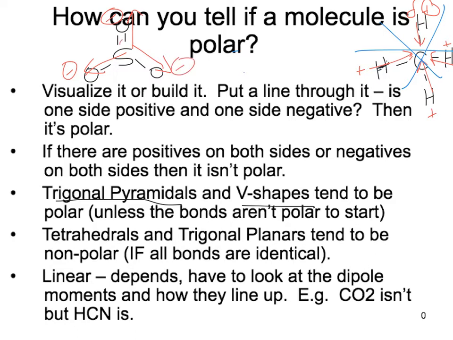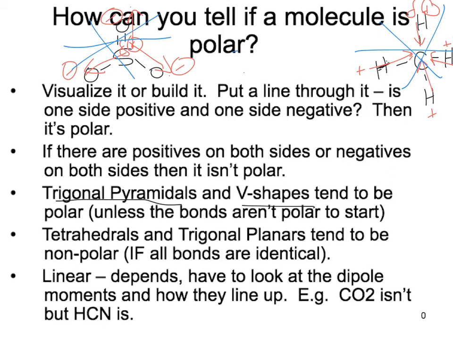But what we find is the electrons get kind of pulled outward like so, and we have a little bit negative here, here, and here. So if you look at this and try to divide it up, there's no good way to divide this up. It's just not going to work that you have positives on one side and negatives on the other. You're going to have negatives on both sides. So this is a nonpolar molecule.